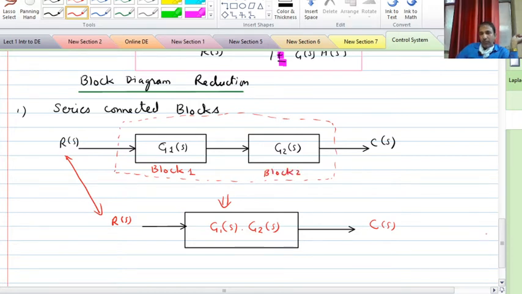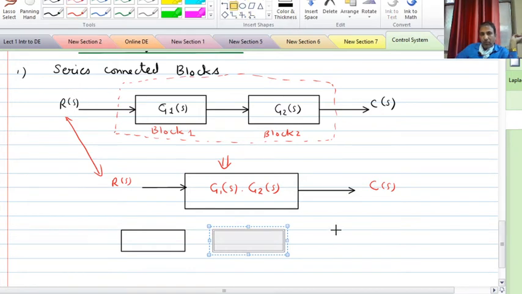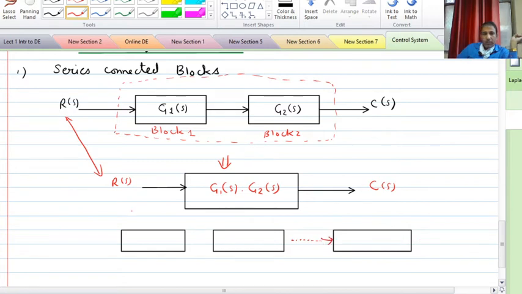So in this way, if a number of blocks are attached in series, suppose this is a block, another block, and another block, with a connection like this, and this is C of S. Then the overall transfer function should not change; it should always be the same under both conditions.